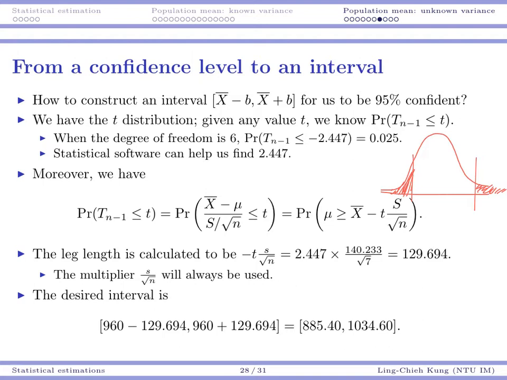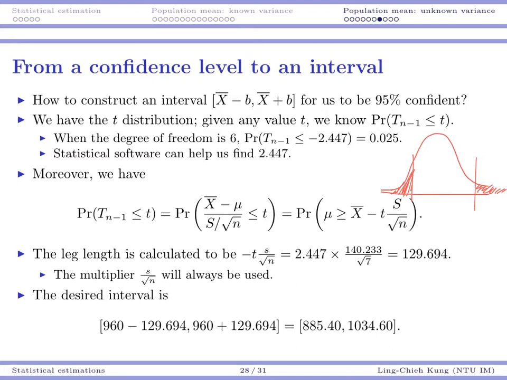The graph is ugly, but I hope you will know what I am doing. The left tail probability and the right tail probability must be the same. So you're going to use this particular t value to do your interval length.